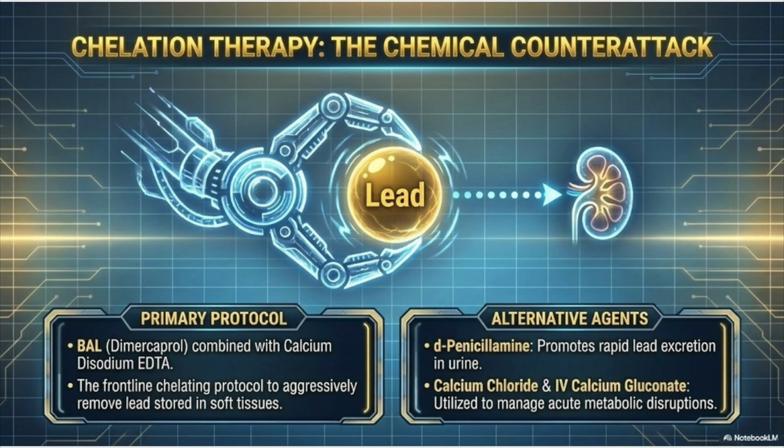Chelation therapy is indicated in moderate to severe poisoning or when blood lead levels exceed recommended limits. The commonly used chelating agents include calcium disodium EDTA, dimercaprol or BAL, British anti-Lewisite, succimer or DMSA, and D-penicillamine. These agents bind lead and facilitate its excretion through urine, thereby reducing the total body burden of lead.